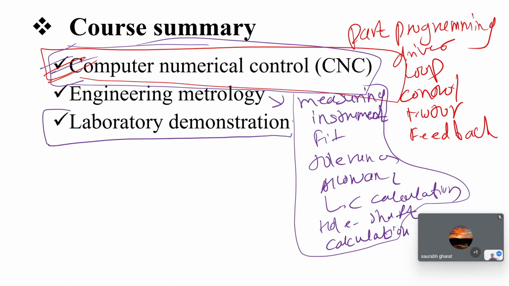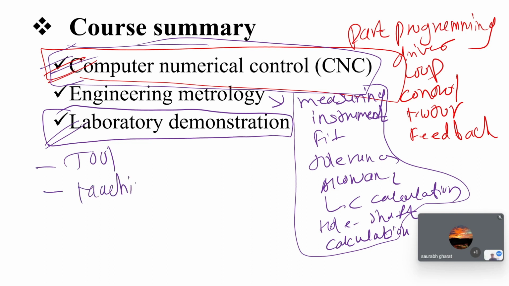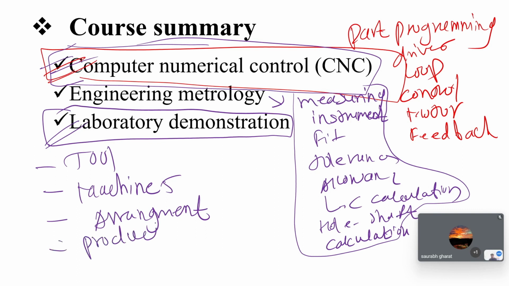So what do you have in the lab? From tools to machining: the tools, the machines, their arrangements, the product, and the machining settings.